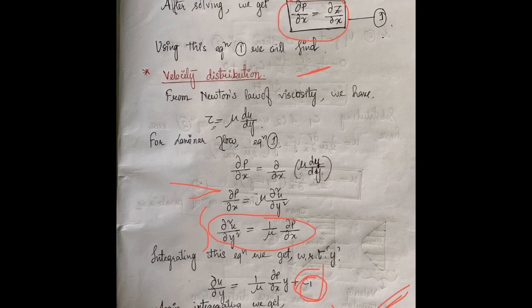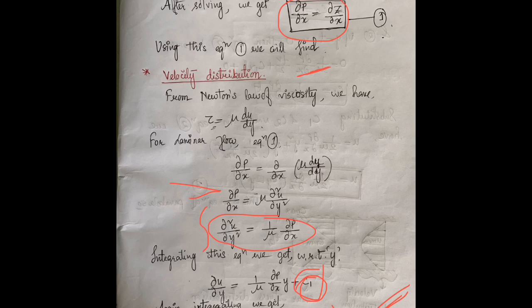We consider the first condition as at y equal to 0, u equal to 0. What is u? u is the velocity.